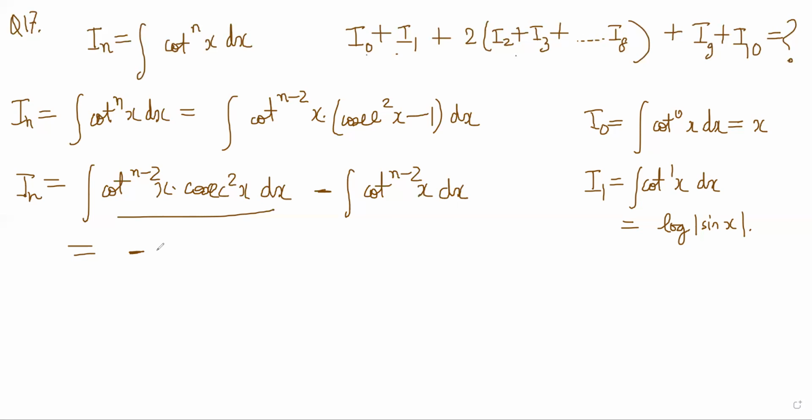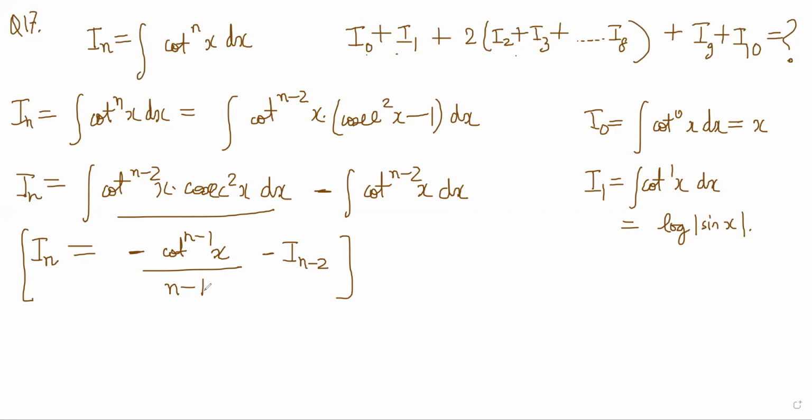So it is minus cot power n minus 1 x by n minus 1, and then there is a minus of I n minus 2, and this is equal to your In, right? So what we are getting here is the expression for In which connects it to In minus 2, right?